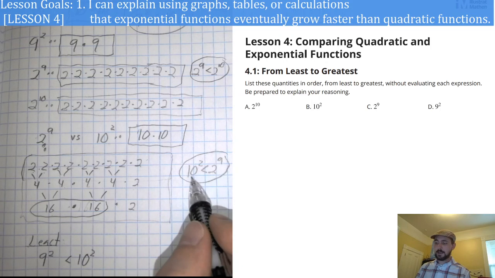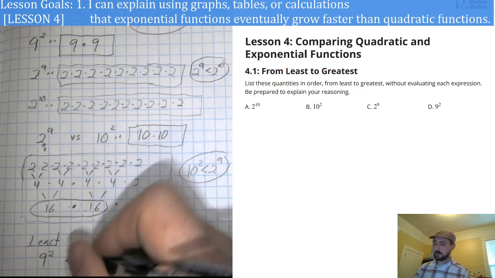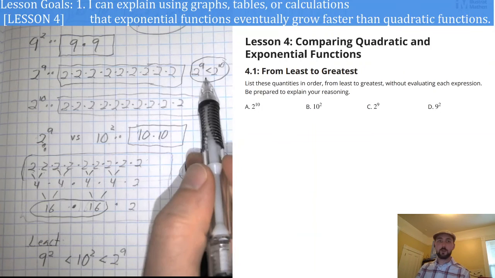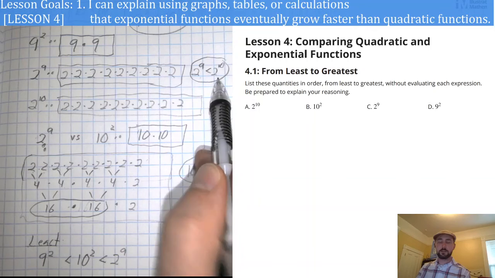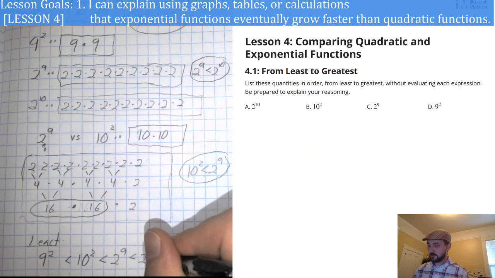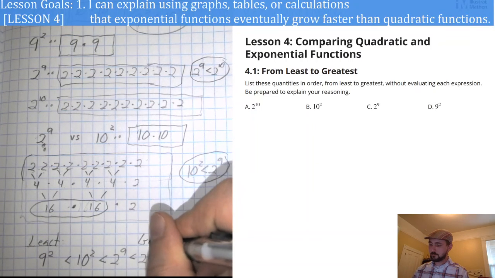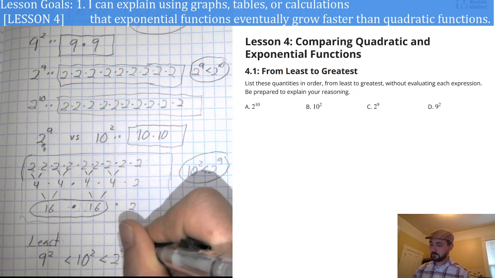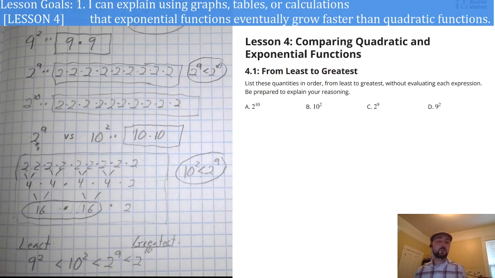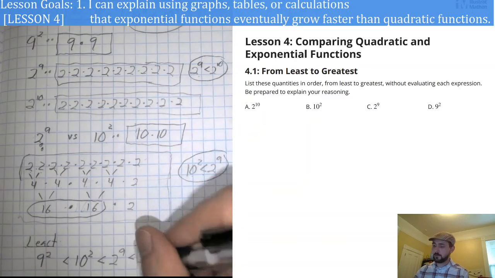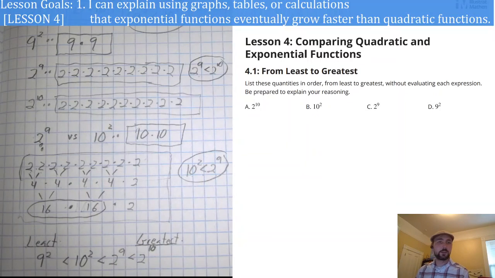And we know that 10 squared is smaller than 2 to the 9th. And we know that 2 to the 9th is smaller than 2 to the 10th. So this is the greatest. In a world with internet, you could have also just calculated all these, but the directions said, can you do it without just plugging them all into a calculator? And this is one way. One way to do that.